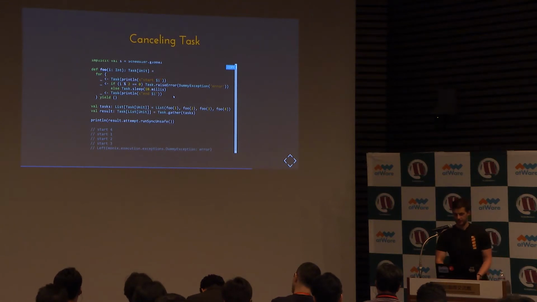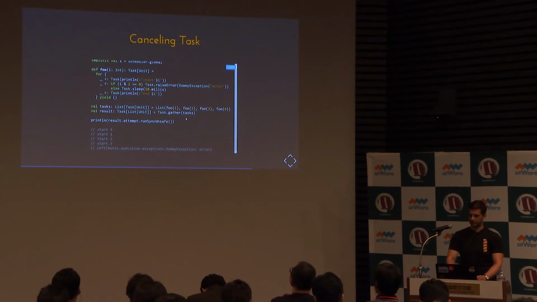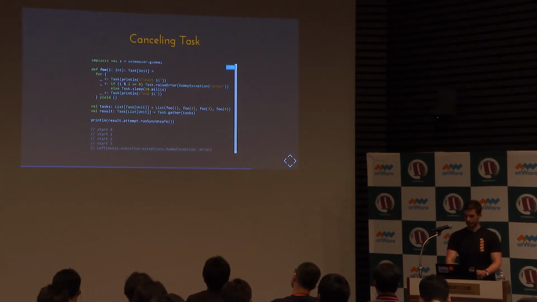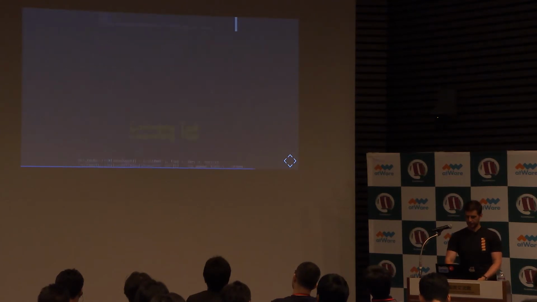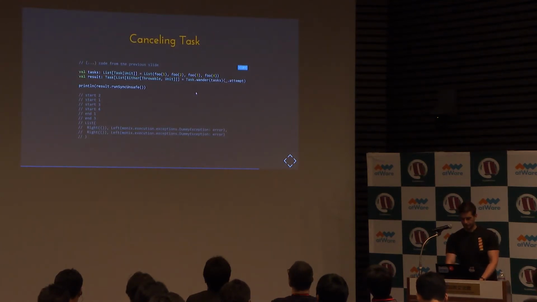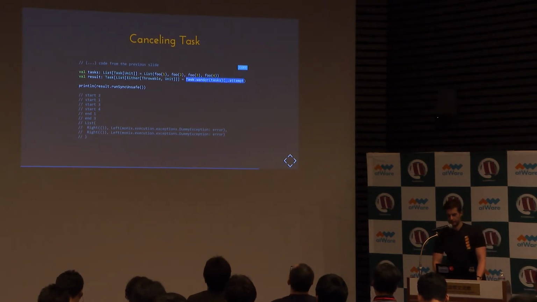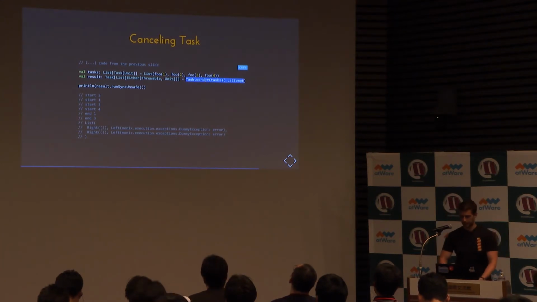And in case someone wouldn't want this behavior, that in case any of the tasks fails, the others are cancelled, I'd like to showcase a cool thing: because the task is referentially transparent, it's quite easy to compose different operators to get different behavior, even if they are not designed this way. So for instance, we can use a task wander. This is like parTraverse, just a bit more optimized.